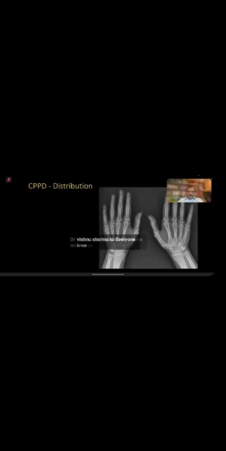We're not doing the knee joints, we are doing the hands. So what is the distribution in hands? Okay, very good. Which MCPs are mainly involved?